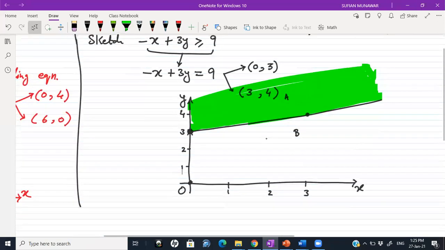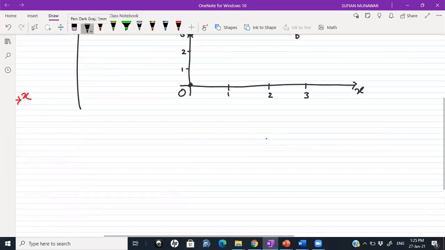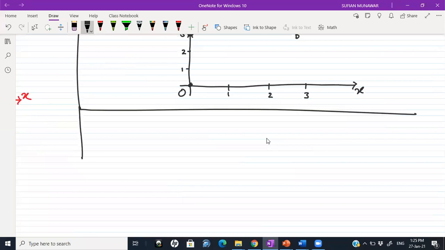Now we take another example. We have another inequality, x greater than or equal to 5. We want to make its sketch. What do you say about that?